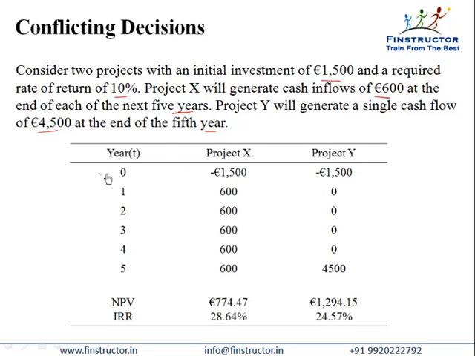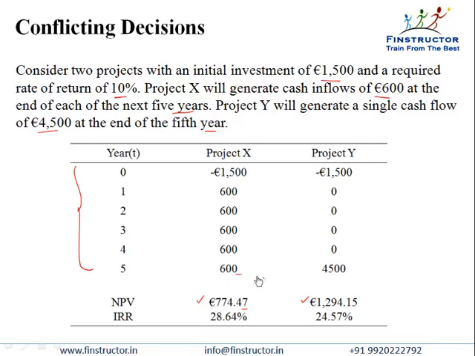So we've depicted the cash flow profiles here. Both have an initial investment of 1500 euros. Then we can use our calculators with a discount rate of 10% and compute the NPV of both projects. NPV of project X comes out to be 774.47, whereas that of project Y comes out to be 1294.15.